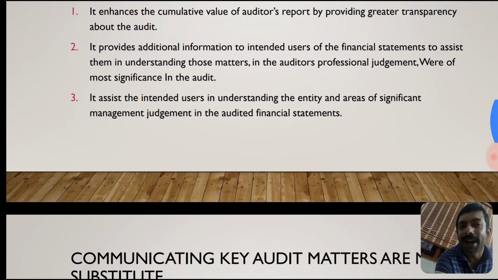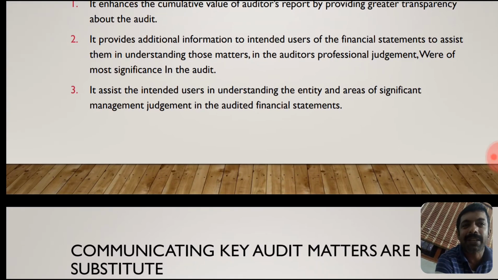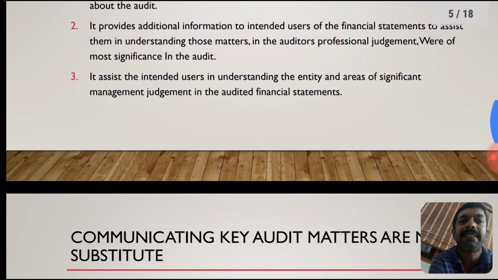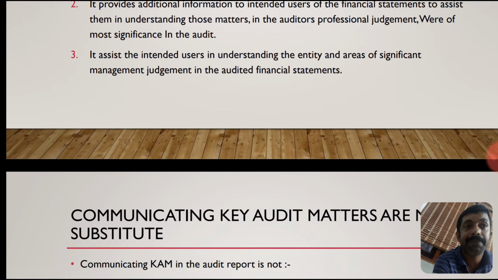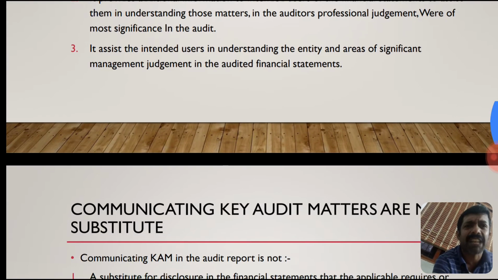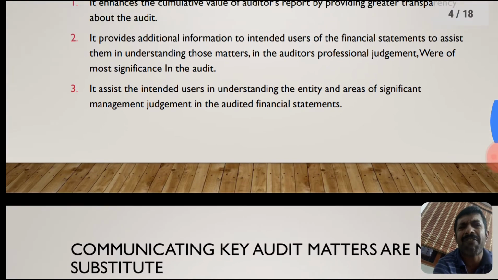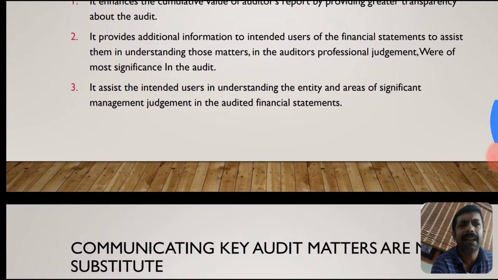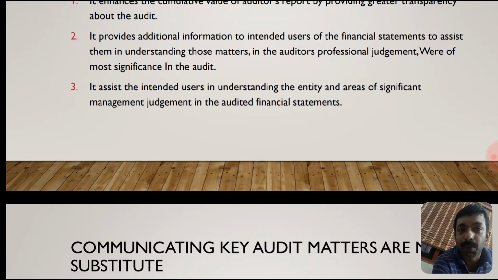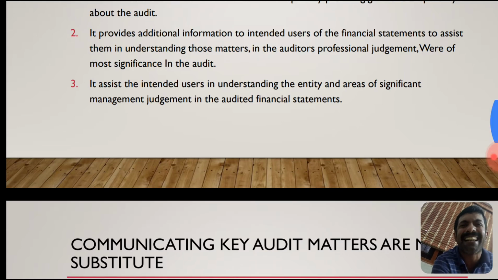It provides additional information to the intended users, the prospective future users of the financial statements, to assist them in understanding the matters that were most significant in the auditor's opinion and professional judgment. What are the significant matters that have to be communicated to the users so that they will have a better understanding of those matters?